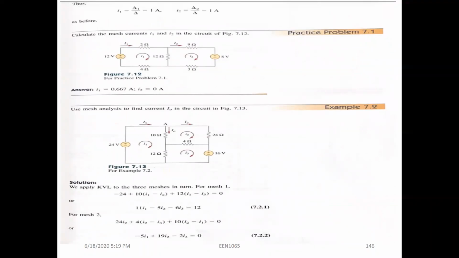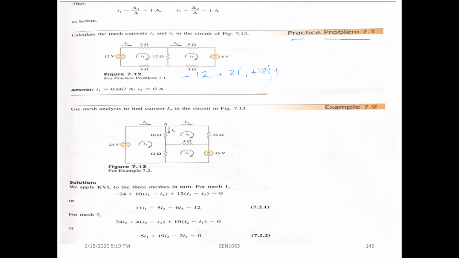Okay, I'm going to give you a hint here on how to calculate I1 and I2. I'm just trying to help you write the two equations. So we start with the first one: minus 12 plus 2 I1 plus 12 I1 plus.